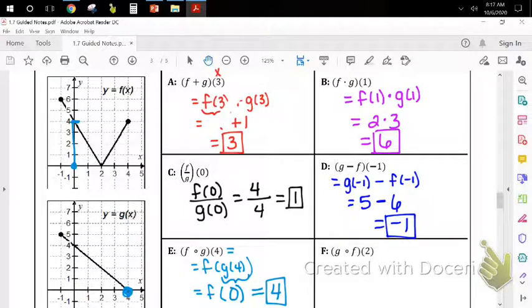And then F says g of f of 2. So we know this is g of f of 2. And remember, we're going to find f of 2 first so we can plug it into the g function. So we're going to g of, so we're going to go to our f graph.